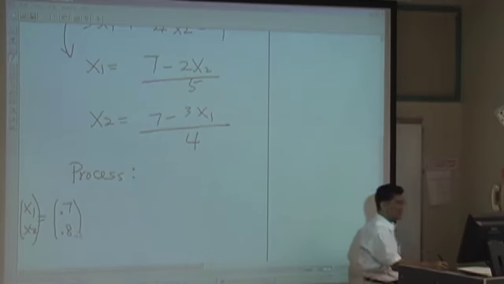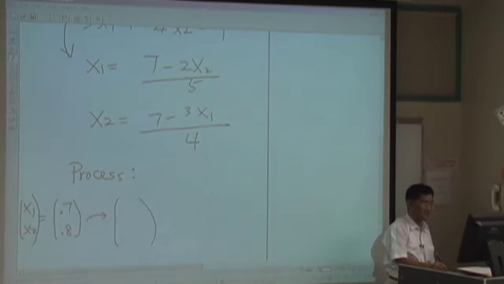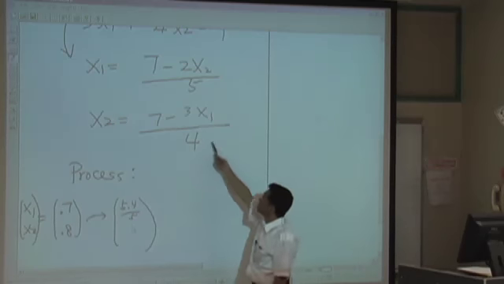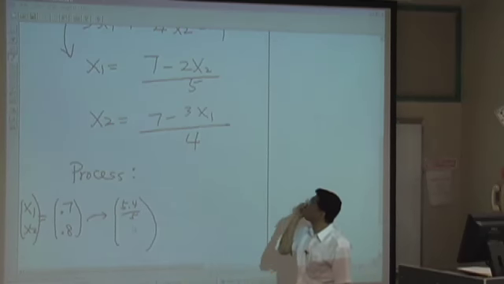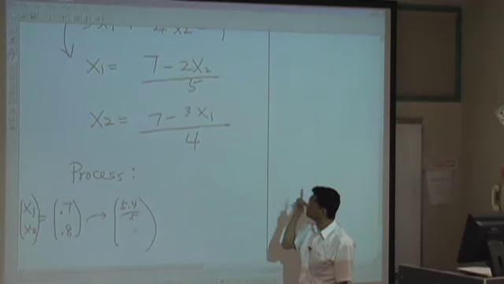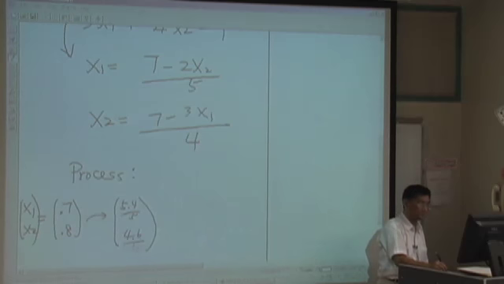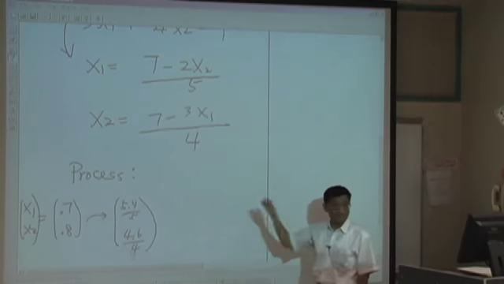Then what is the next result? 0.8 is used here, multiplied by 2, 1.6, then 5.4 over 5. Do you follow me? Because of this, I could calculate it. Please calculate x2. x1 is 0.8. Right? We can get this thing.